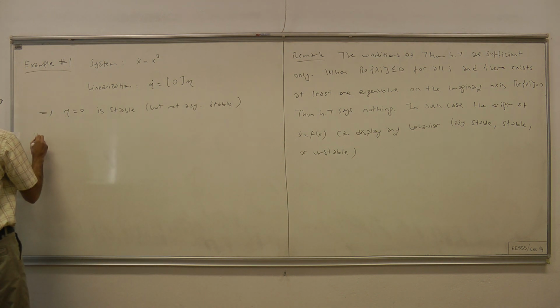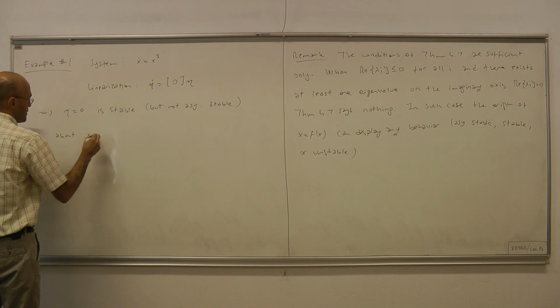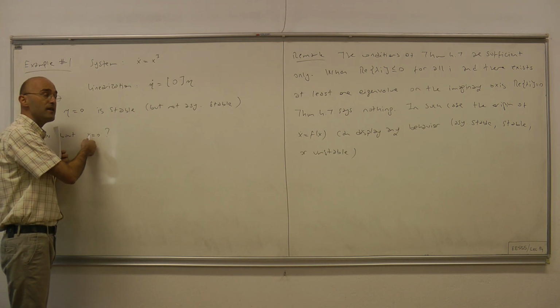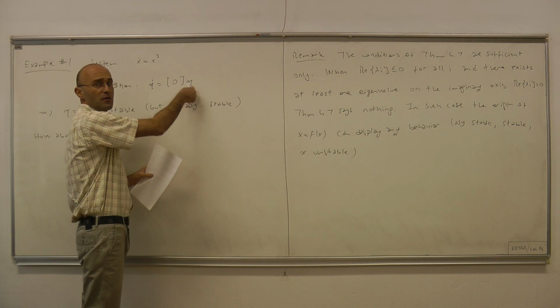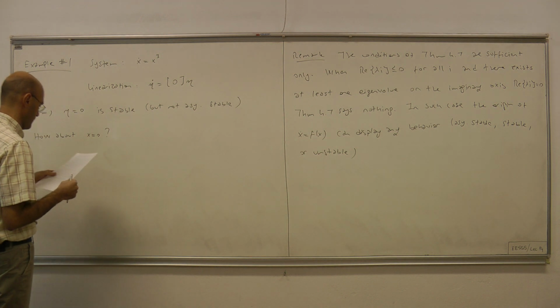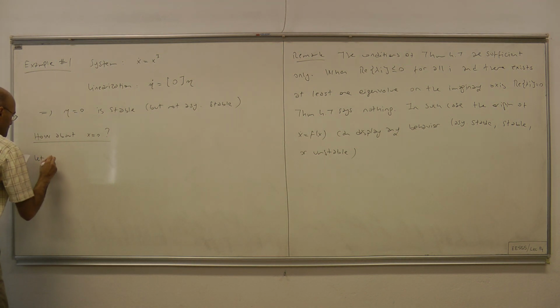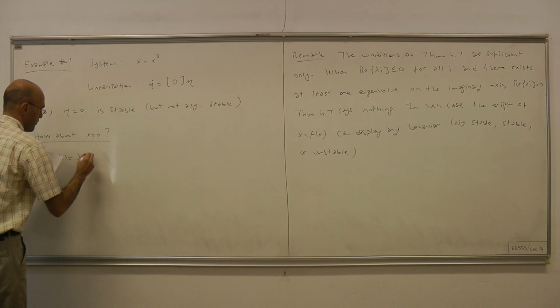So how about the origin of the original system? The original system state we denoted by x. The linearized system state we denoted by eta. So let v of x be 1/2 x squared.